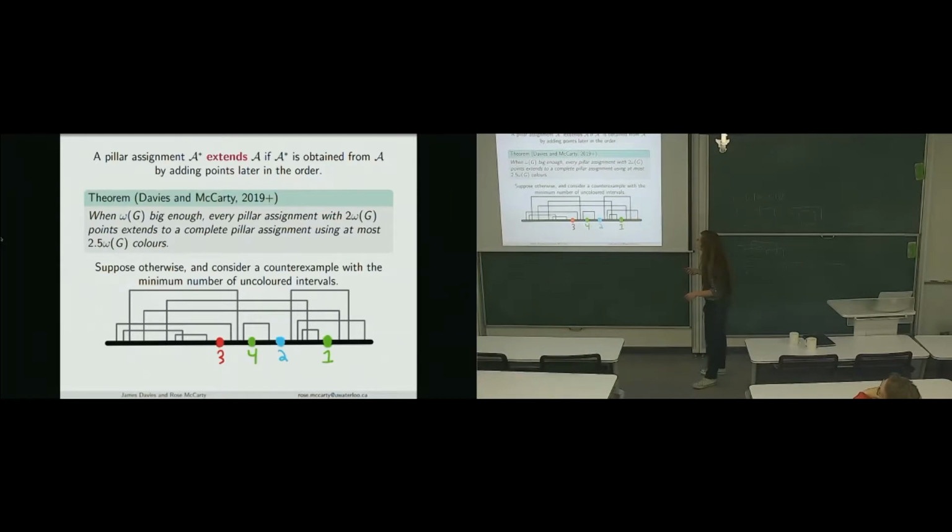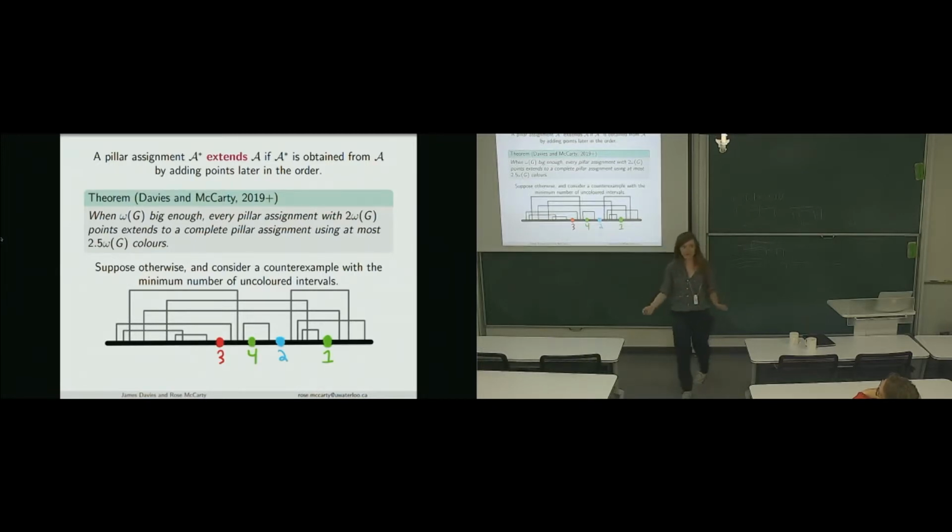Okay, so we're supposing the theorem is false, and we're considering a counterexample. And by a counterexample, I mean now both the pillar assignments and the graph, along with its representation as an interval overlap graph. We're considering a counterexample with the minimum number of uncolored intervals.